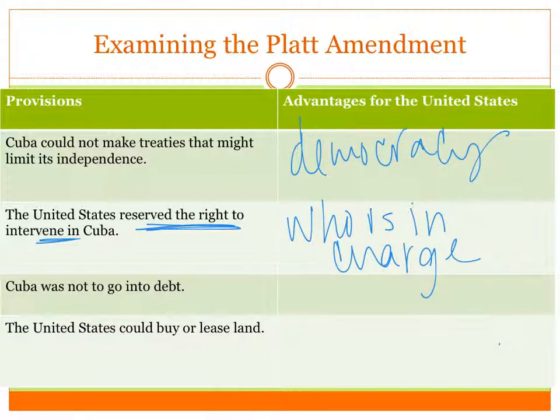Even today, if you owe your sister, your brother, or your grandma money, they have a power over you until you pay that money back. And America did not want to give up any of their influence over Cuba. So by going into debt, one, it creates an unstable country that may not have the trade capacity that America wants it to have. But then they may have to answer to other countries.